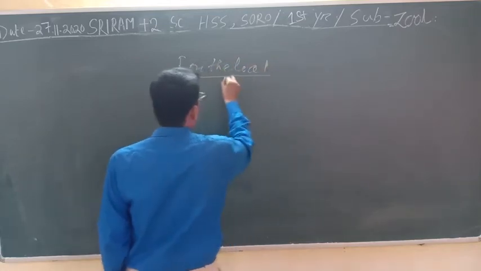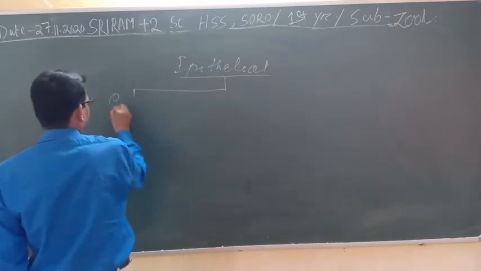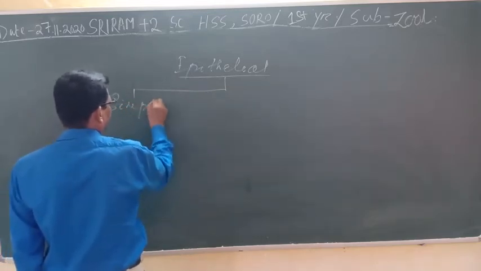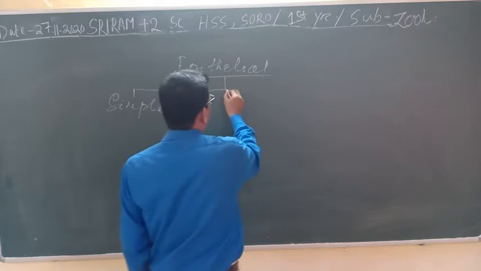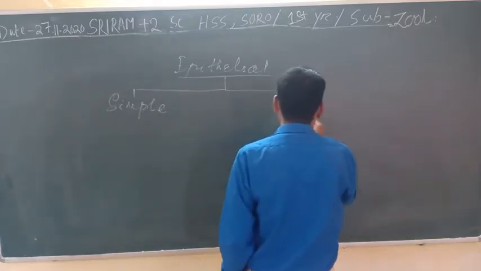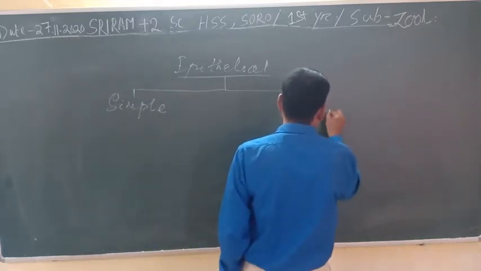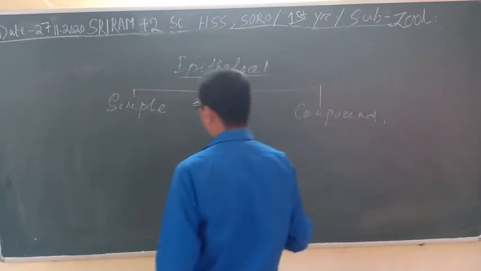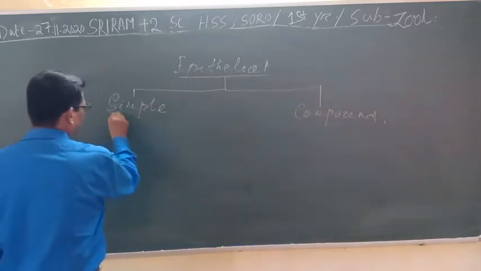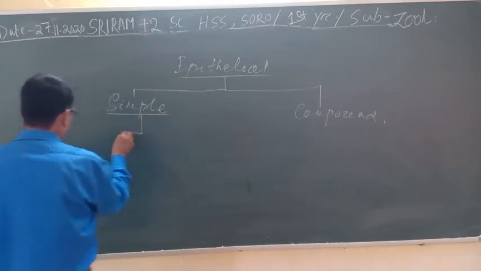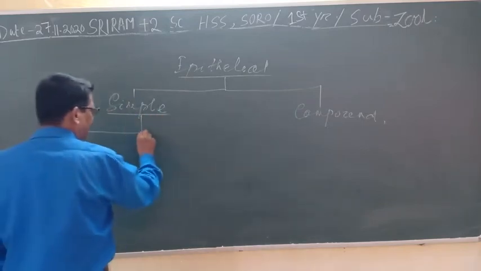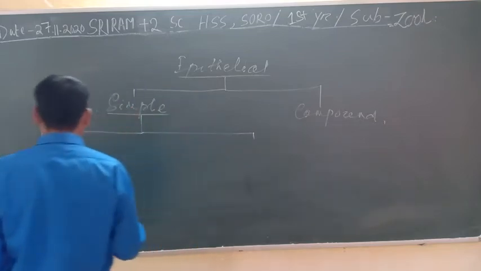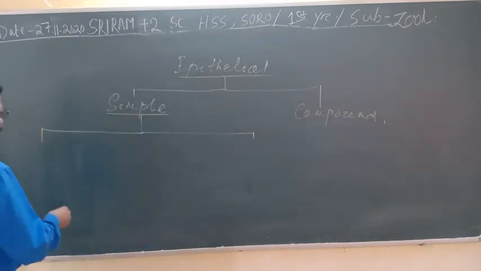Simple means when the cells are arranged in one layer, they are called the simple epithelium. And another is the compound epithelium. Under the simple epithelium, there are different types that we have discussed.